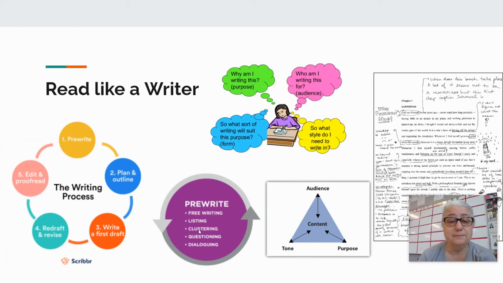The form, so the format, what sort of writing will suit the purpose? So, how is the writing going to be formed? And how do you think the author chose to do that form? For what purpose? And lastly, what style do I need to write in?